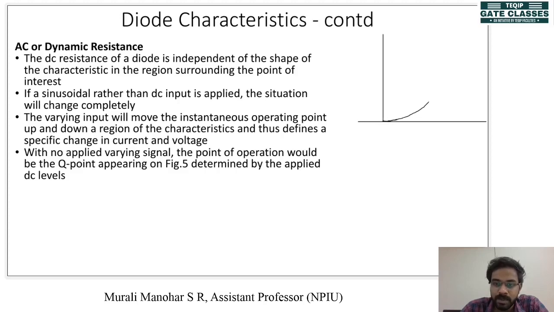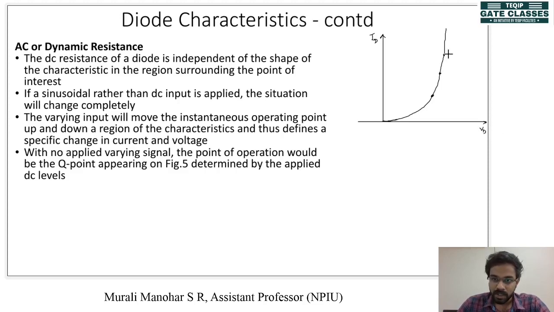When we look at the dynamic AC resistance, we know that our diode has an instantaneous operating point, and our applied AC signal will move this operating point up and down a region of this characteristics. So there is a specific range of potential and current on this characteristics for an applied AC voltage.